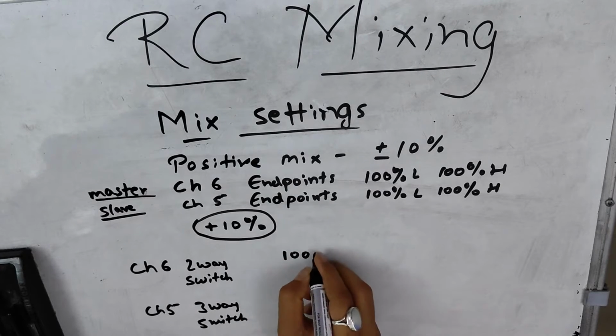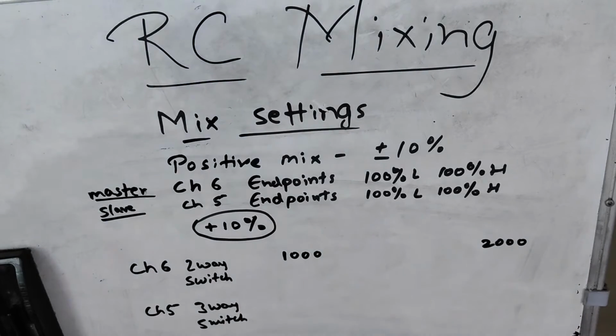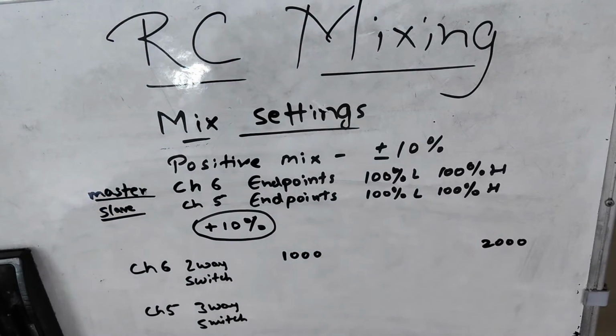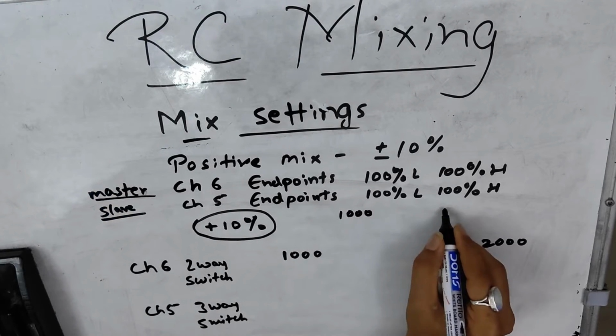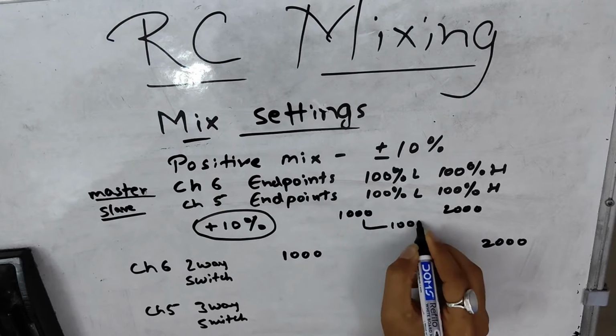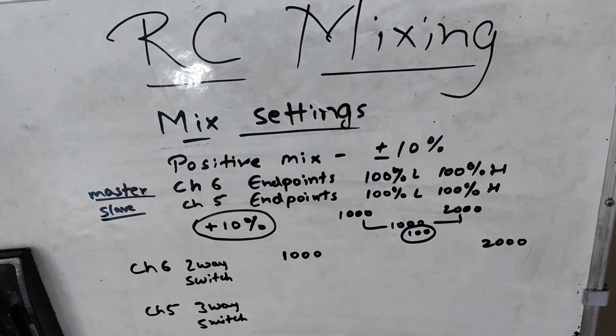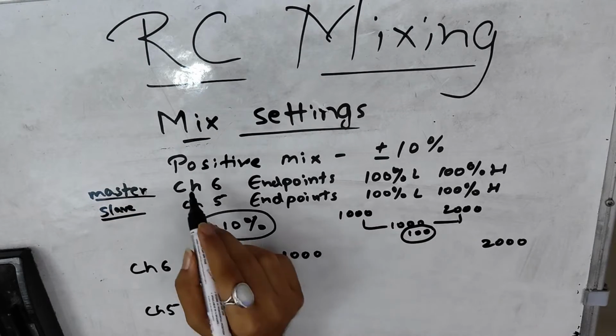So in plus 10% positive mix, what we can see is that for the lower extreme end, 1000 value of channel 6, the values don't change for channel 5. It's still 1000, 1500 and 2000. But when we switch channel 6 to the other extreme, that is 2000, we see a certain change in channel 5 values, that is 1050, 1550 and 2000.